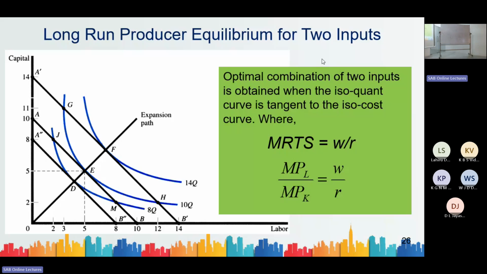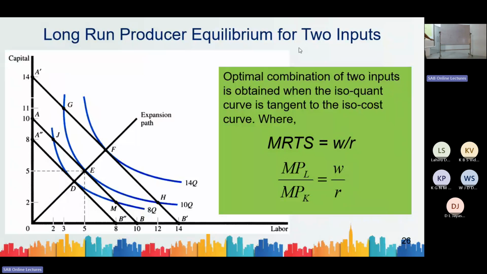Cost side of a firm in the long run is represented by isocost curves. Now we are combining those two concepts, production and cost, in one picture. Using that picture, we will find the long run producer equilibrium for two inputs.